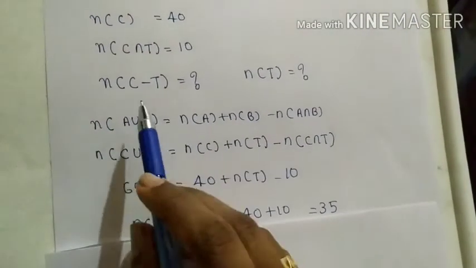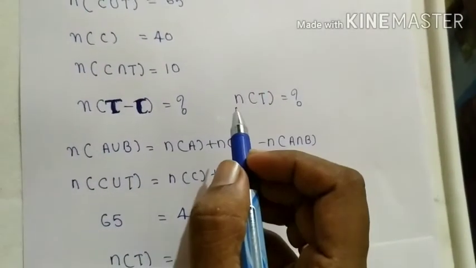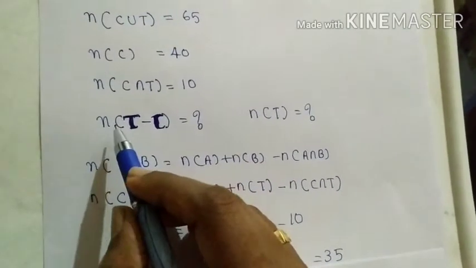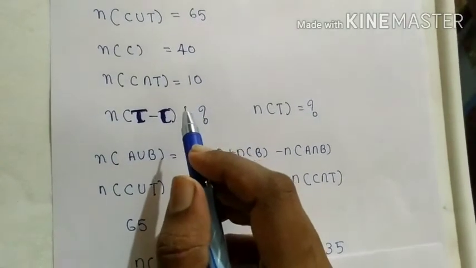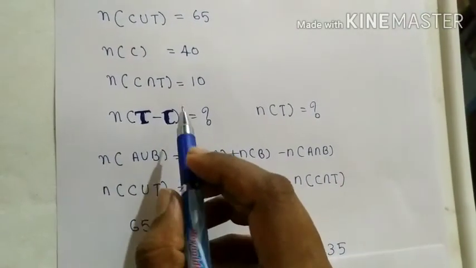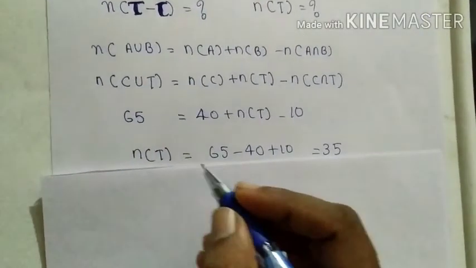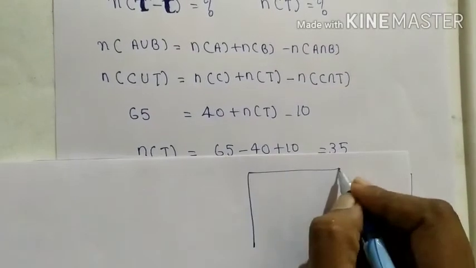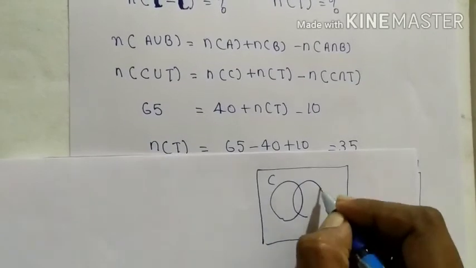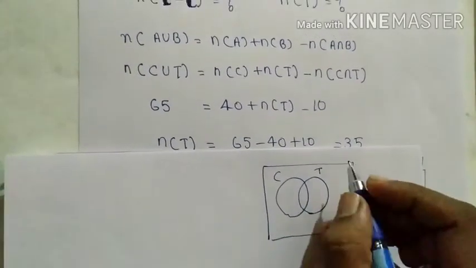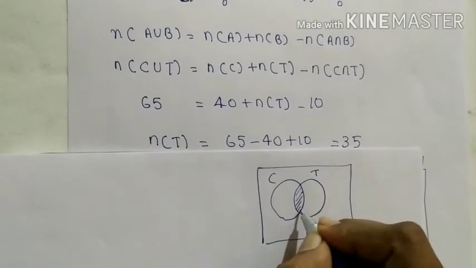Next question, we need to find n of T minus C. That means how many people like tennis only and not cricket. First of all, I am going to draw the Venn diagram of two sets. First set is C and second set is T. We know that this portion is C intersection T, right?